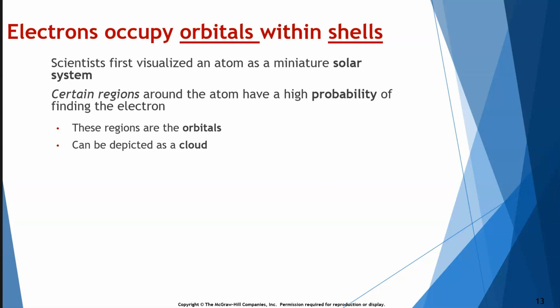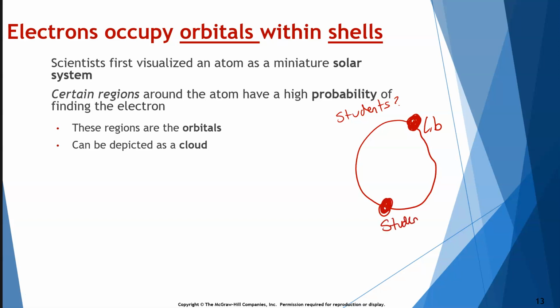An example I would give you would be Bowie State's campus. Let's say this circle represents Bowie State's campus. If I was looking for students on campus, where could they be? They can be anywhere, but a big hot spot for students might be the library. Another hot spot might be the student center.